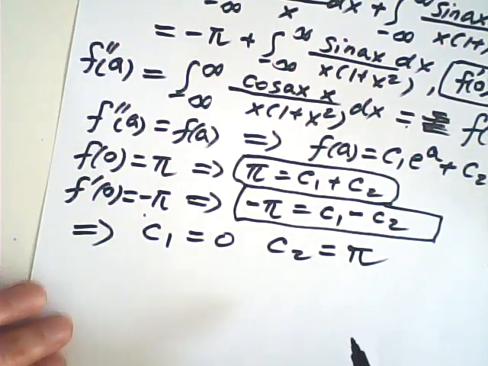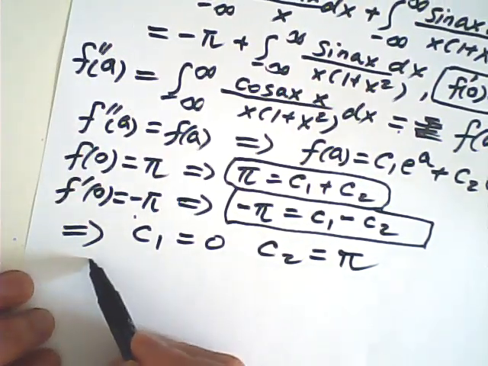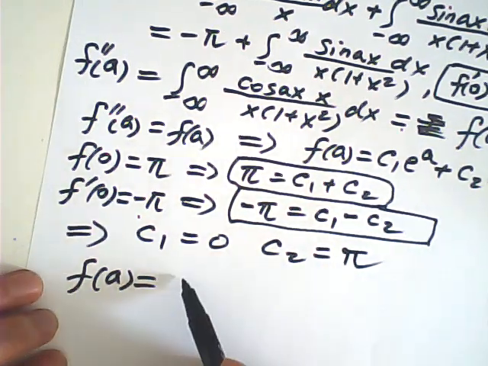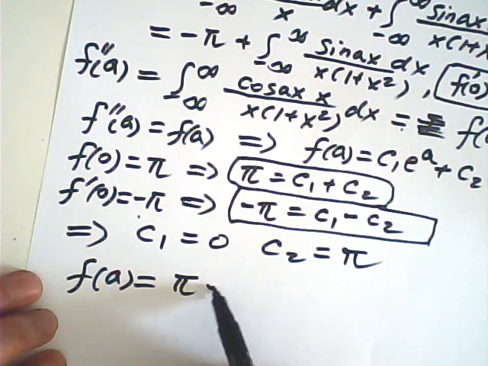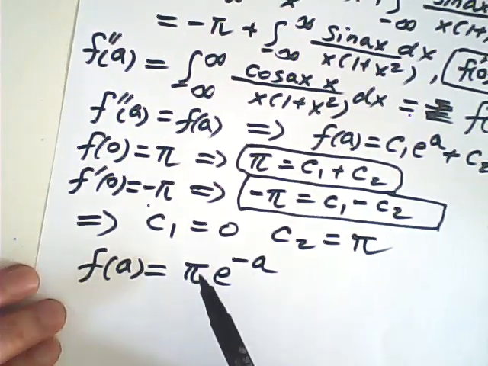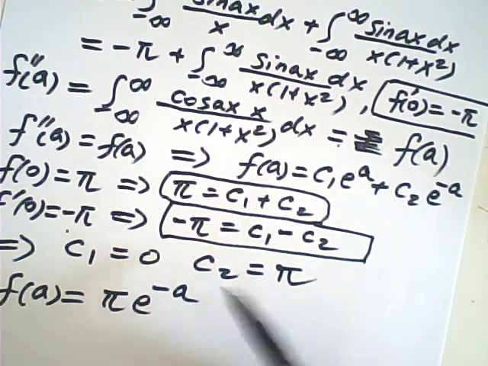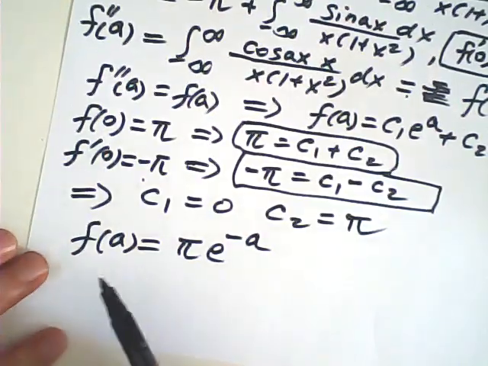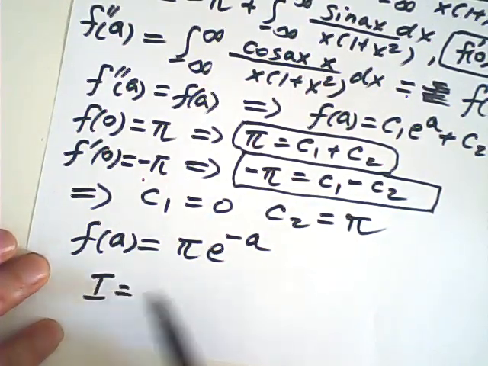Good. So my f of a is equal to pi e to the negative a. So my I is equal to what?